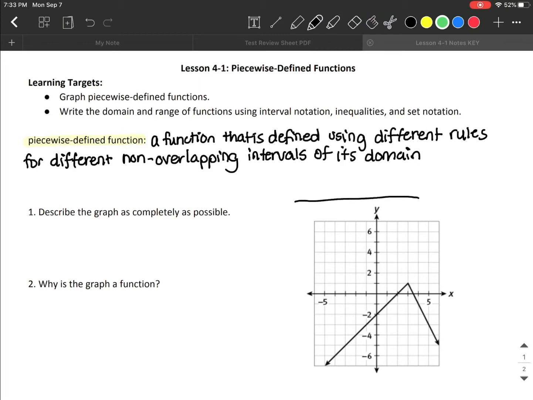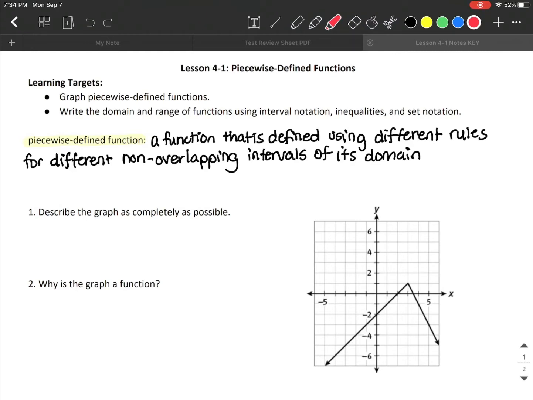If I look at this graph right here, this is an example of a piecewise function. It doesn't look like something you've seen before. However, if we break it down into pieces, it looks exactly like something you've seen a million times.